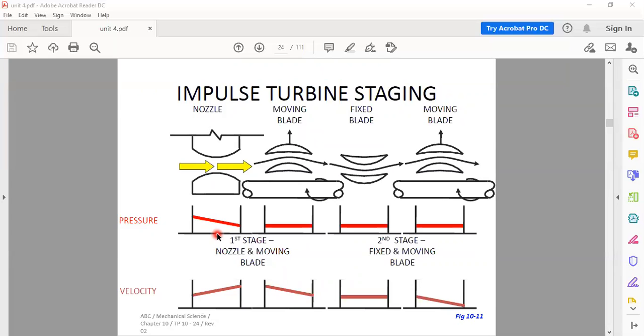See here, in the nozzle our pressure is dropped and velocity is high. But in the moving blade, our pressure is constant and velocity slightly decreases. In the fixed blade, pressure is also constant and velocity is also constant. In the moving blade once again, pressure is constant and kinetic energy is decreased.